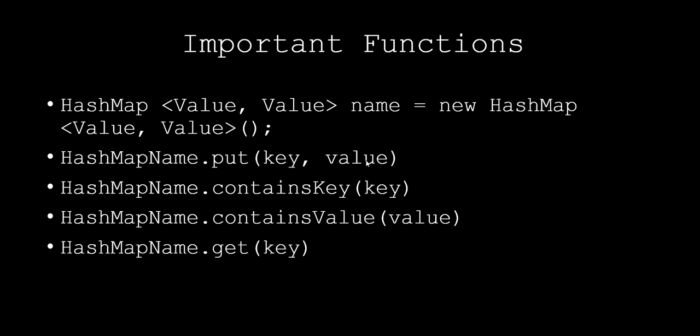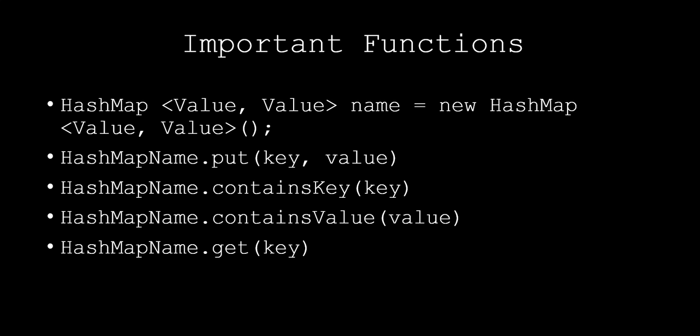You put a key, comma, value, so you add something to the hash map. You can also do containsKey, which will see whether the key is already in the hash map, and you have the same thing for containsValue to see whether a value is already in the hash map. And then you can do hashmap.get, which will get the value at this key's position, because remember, keys don't duplicate.